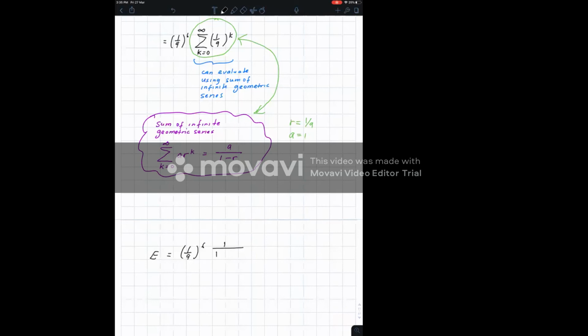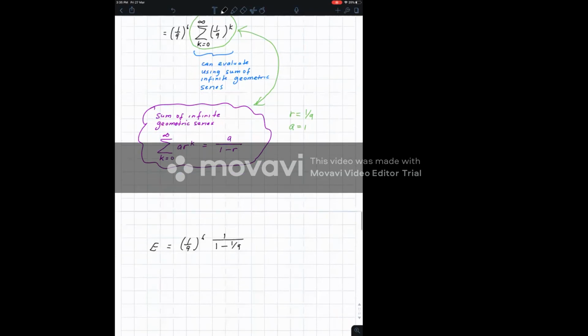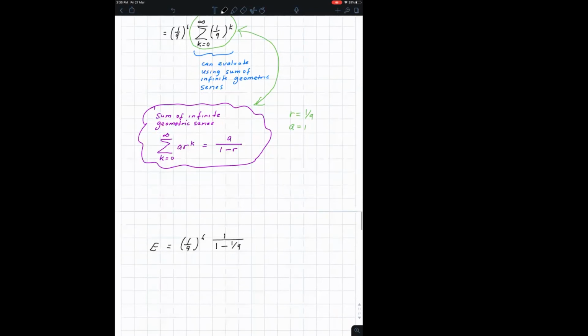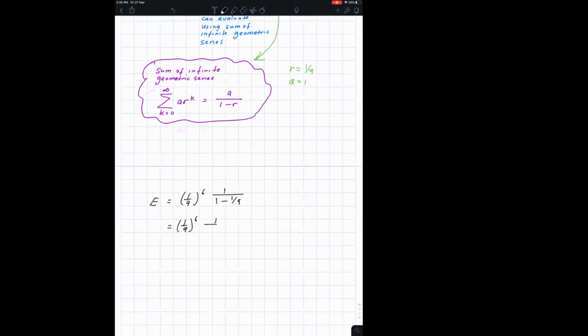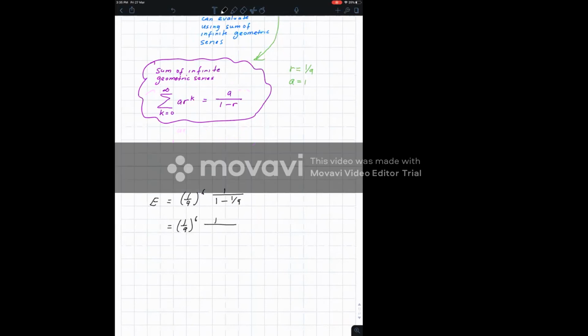Okay, so that's going to give you 1/9 to the power of 6, and then 1 minus 1/9 is 8/9.